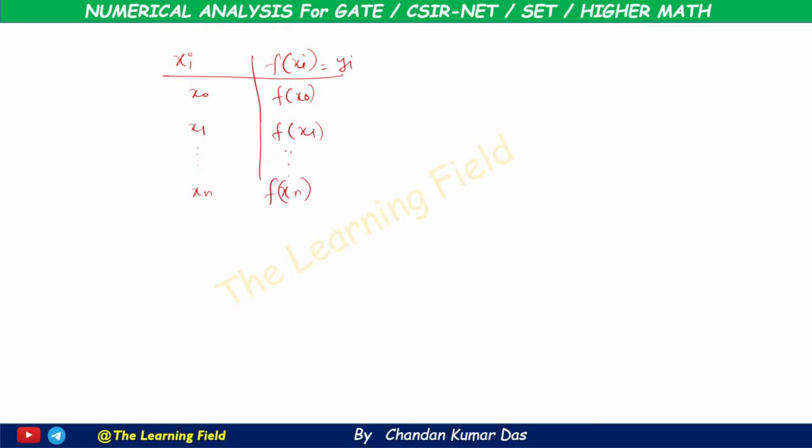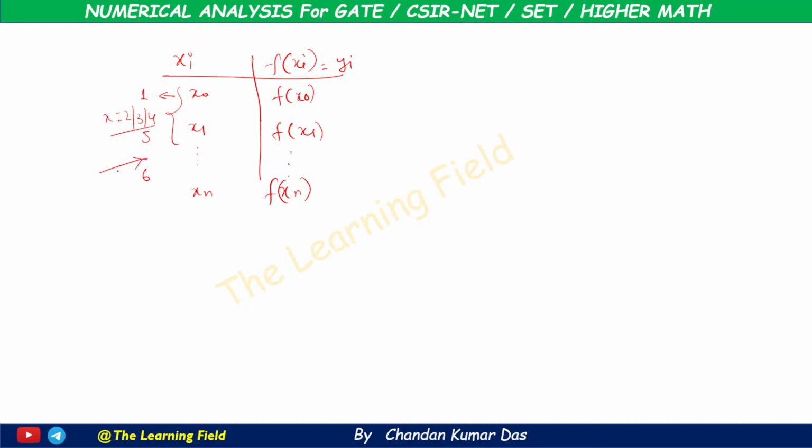Suppose we have to find the value at any point in between. Suppose the table starts at 1 and the next value is 5, and we have to find the value at the point x equal to 2 or 3 or 4, and also points like 2.5, 3.5, all the points in between 1 and 5. Or suppose the next value is 6, and we want a value between 5 and 6.